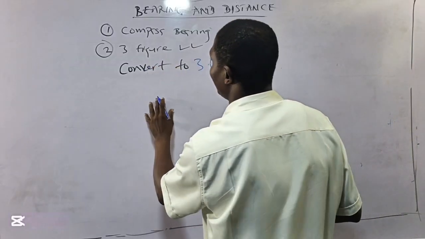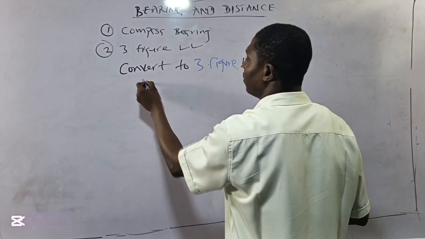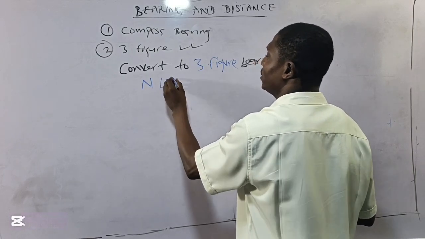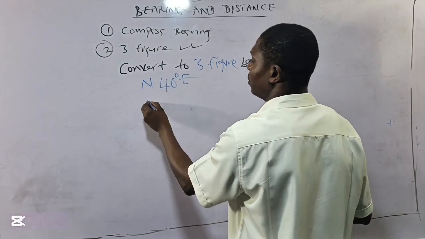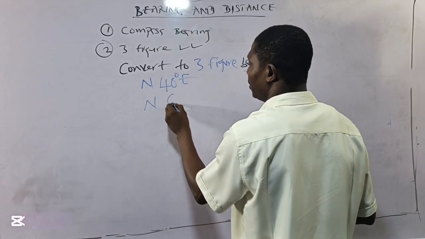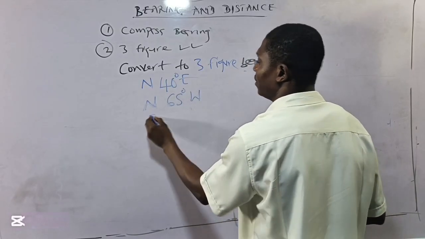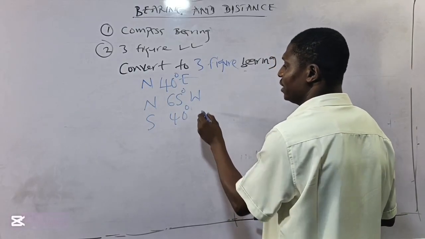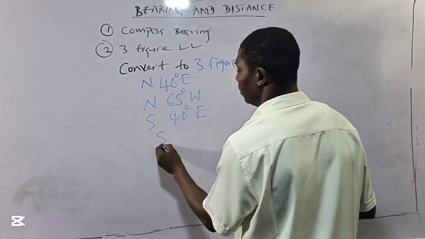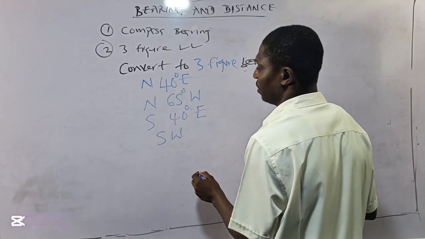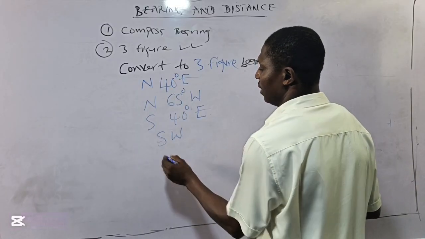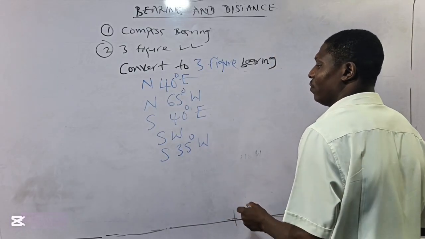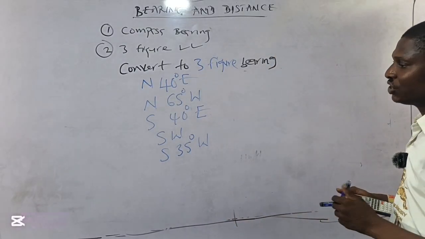If we are given compass bearings, let me say we have north 40 degrees east, north 65 degrees west, south 40 degrees east, southwest, and south 35 degrees west. So let's assume we have this.